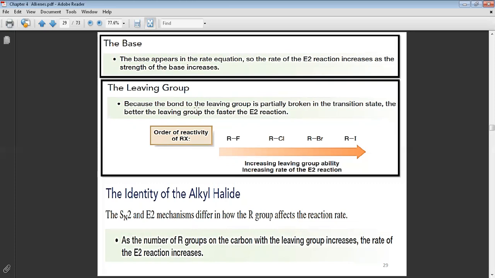The leaving group also matters, because the bond to the leaving group is partially broken in the transition state. The better the leaving group, the faster the E2 reaction. It will be easier.